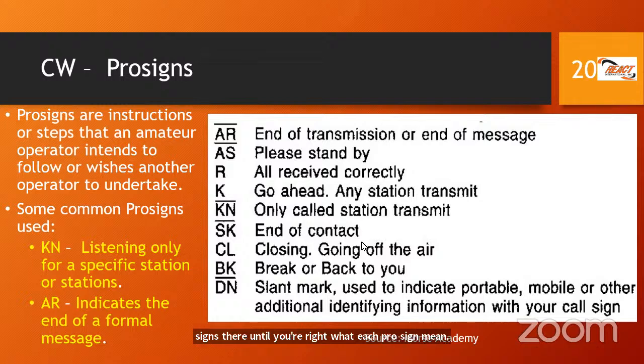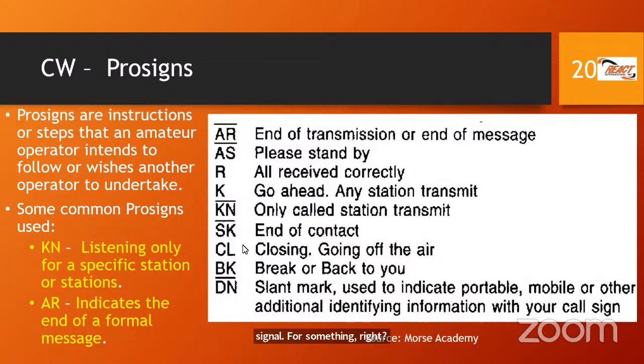It usually is an instruction. It usually means that the ham is sending some kind of instruction to the other amateur radio operator. It's essentially a signal for something, right? On your right-hand side, we have a few of them.